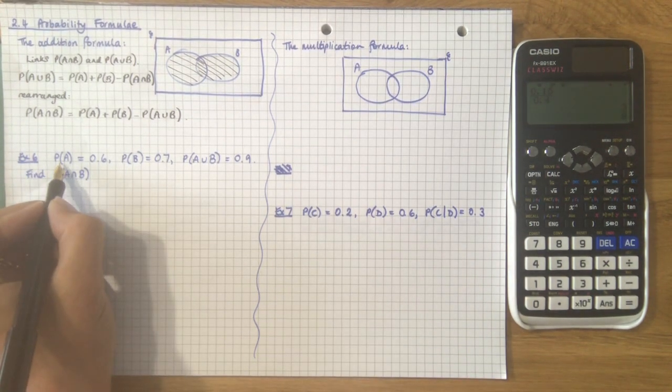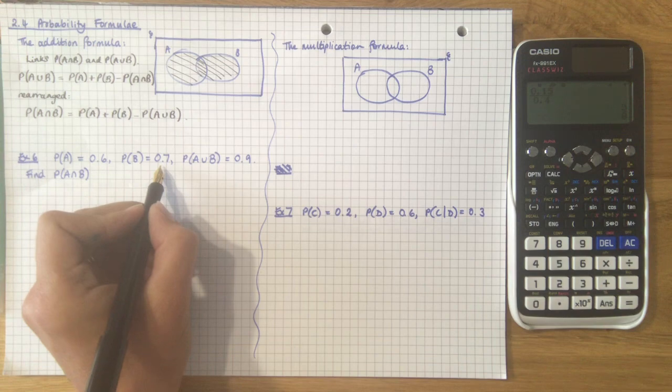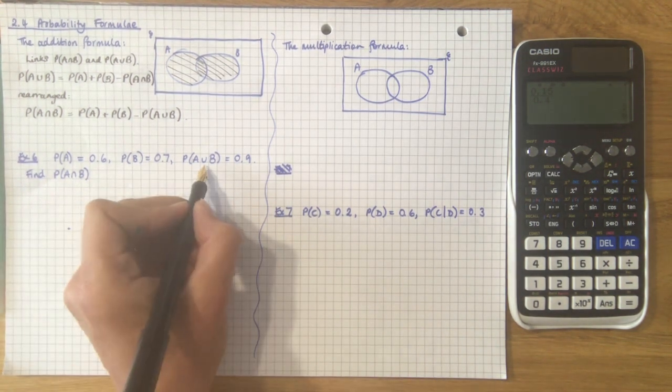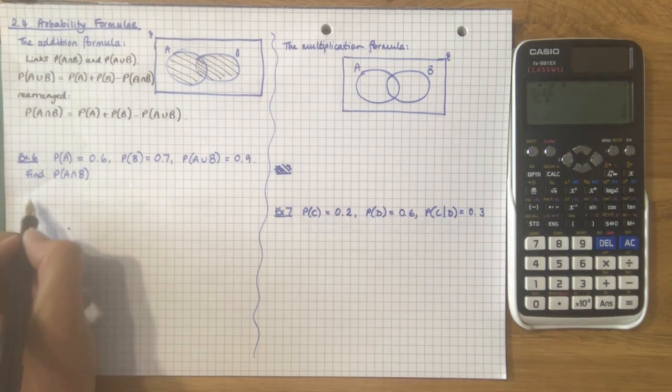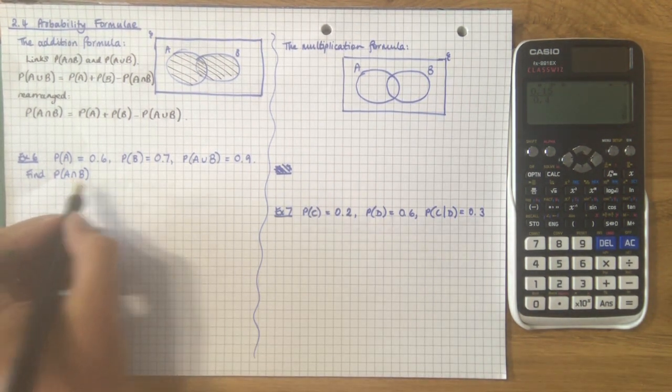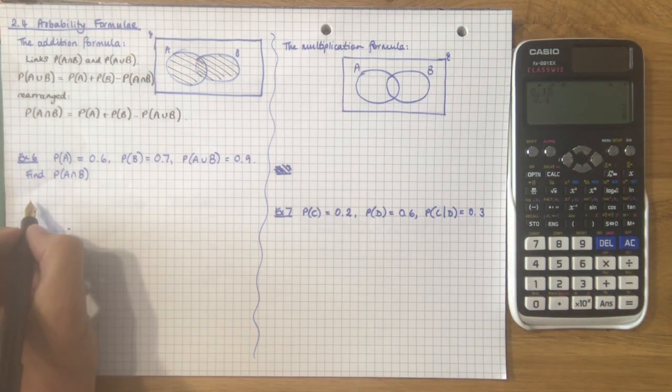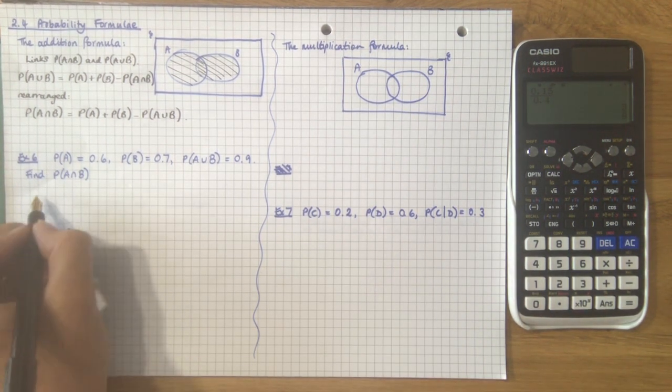The probability of A is 0.6, B is 0.7, the union is 0.9, find the probability of the intersection. Because we are asked to find the intersection and we know everything else in the addition formula, we don't need to worry about drawing a diagram, we can just jump to the formula.